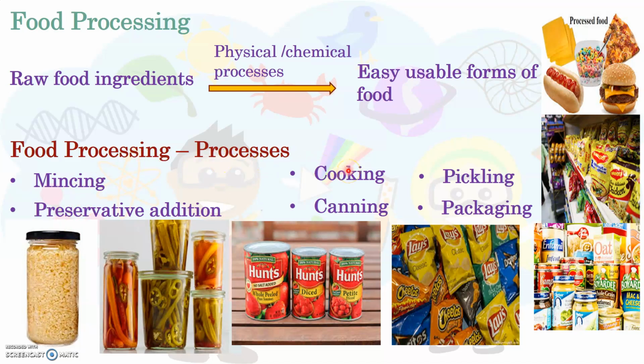The next one is cooking. You all know about that. Pickling, preservative addition, canning. You can see the picture of canned food here. Tomatoes that are canned and available in the market for sale. Packaging, as you can see here in these pictures. These are different processes that are used in food processing.